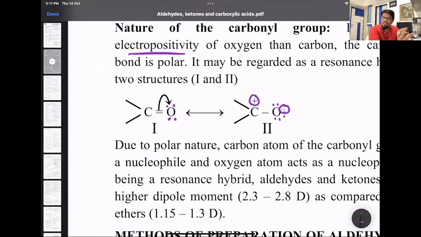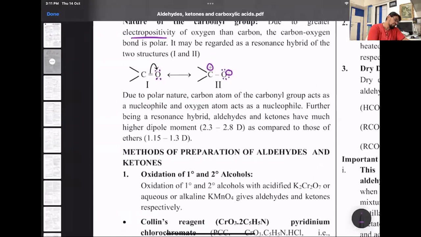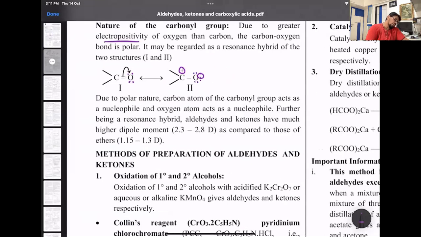So in the resonating structure, this explains why we see nucleophilic addition reactions in the case of aldehydes and ketones. Due to the polar nature, the carbonyl carbon acts as an electrophile because it's positive, and oxygen will act as a nucleophile because it has a negative charge.